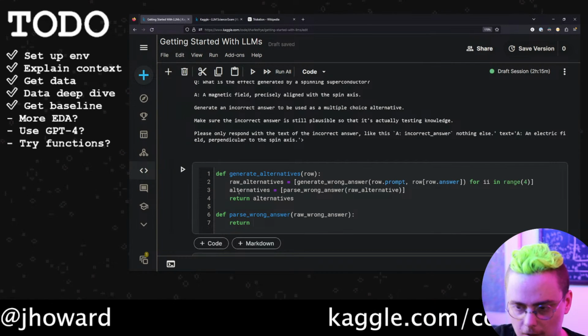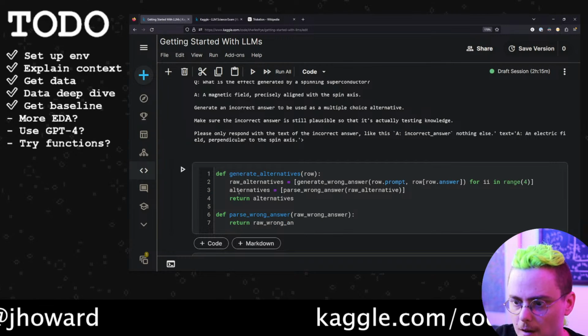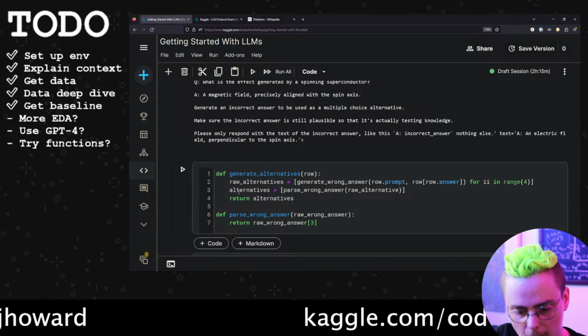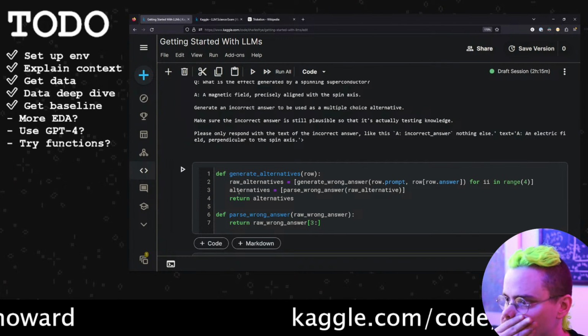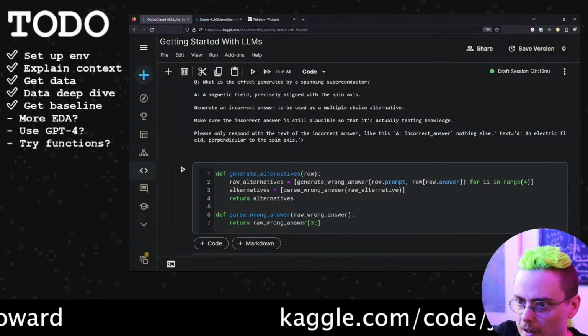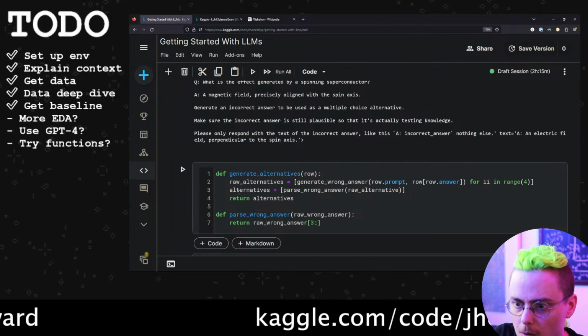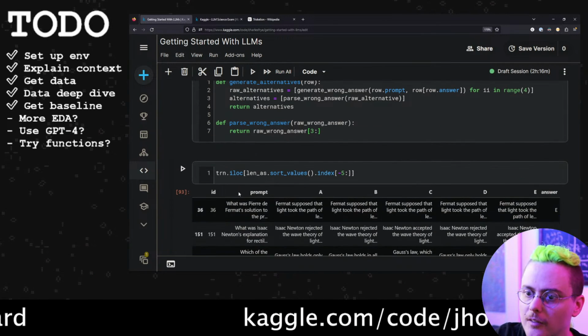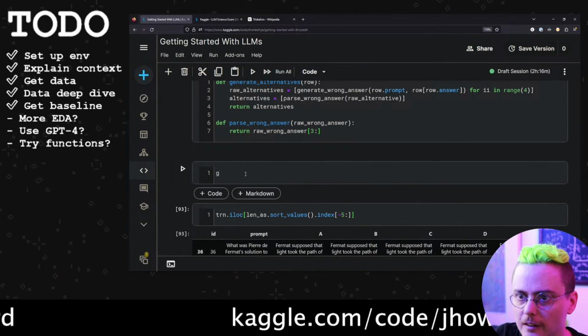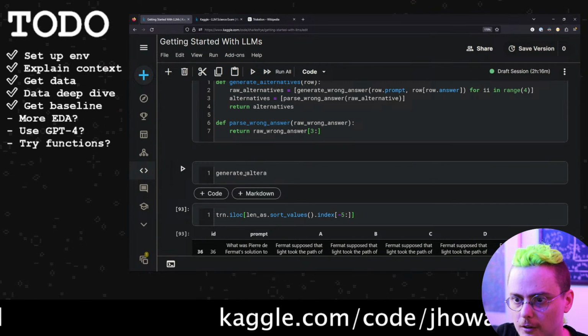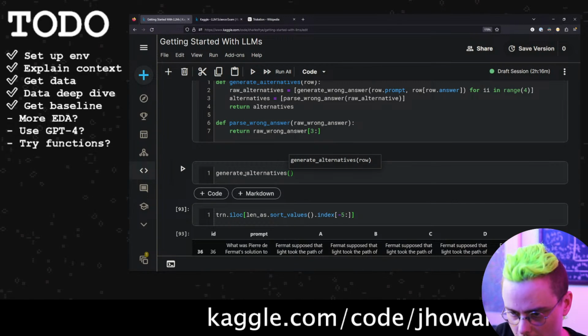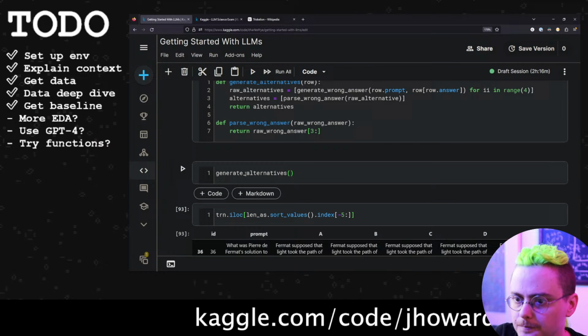So I'm actually just going to do the very dumbest parsing imaginable and just grab the suffix from 3 to the end. Great, so that's the minimum version of this. Let's run it on our example row, generate alternatives on our sample row.